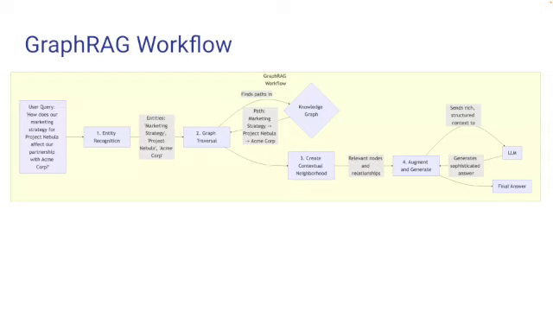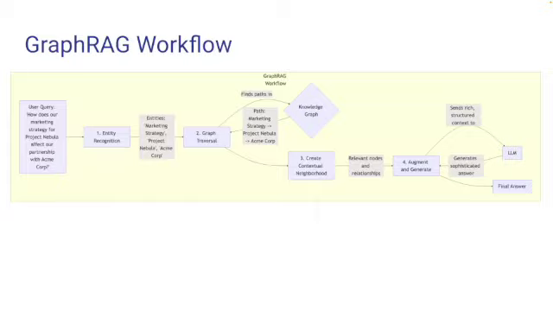Step three is creating a contextual neighborhood. The system doesn't just grab random text chunks, it intelligently selects the nodes and relationships along this discovered path, creating a highly relevant, interconnected story for the LLM. The context might include the nodes for the marketing team, the project lead, and the partnership start date, all related information it discovered in the graph.